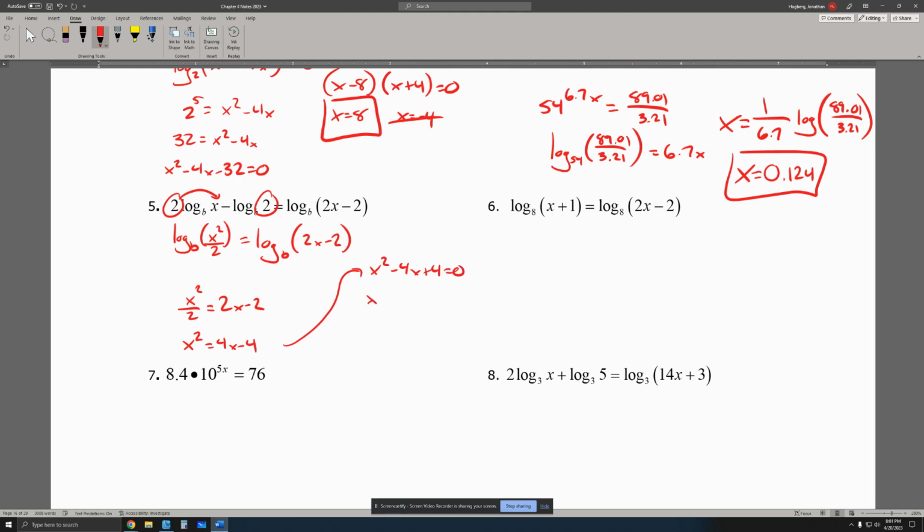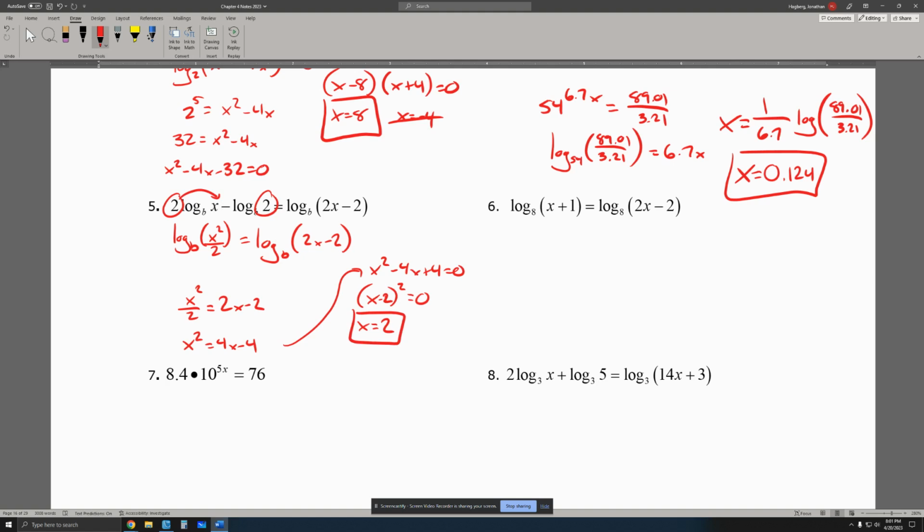This is a perfect square trinomial, so x minus 2, the quantity squared, equals 0. We have the solution x is equal to 2. If we plug this into the original equation, we find that this is fine. There's no domain error here. 2 is positive in each of these arguments here.